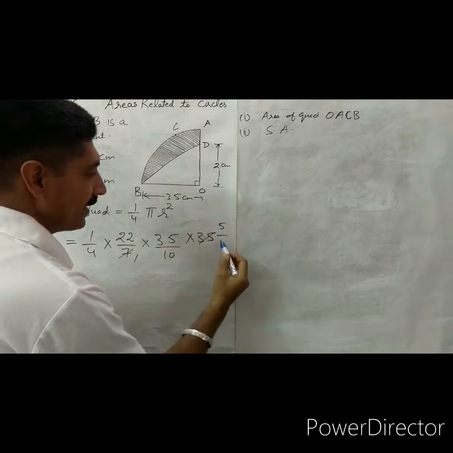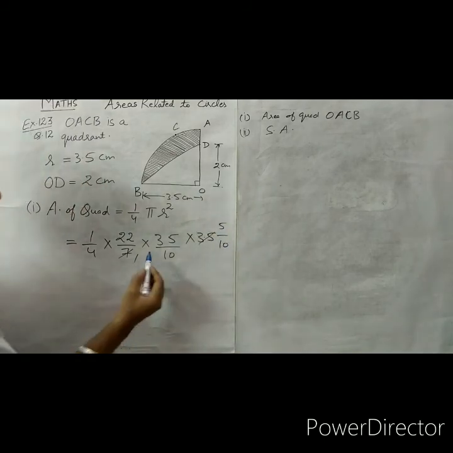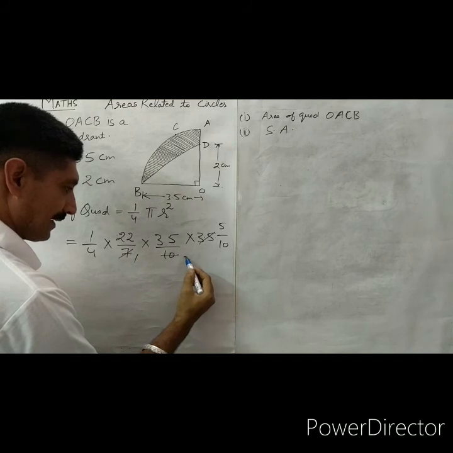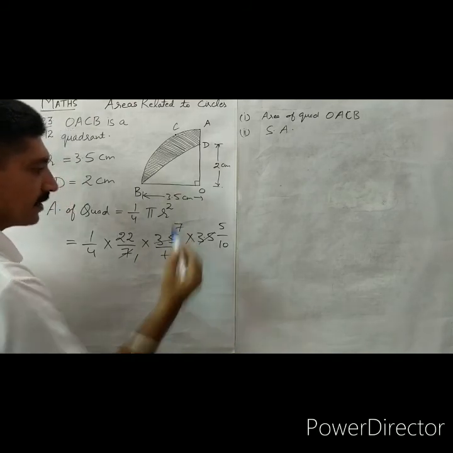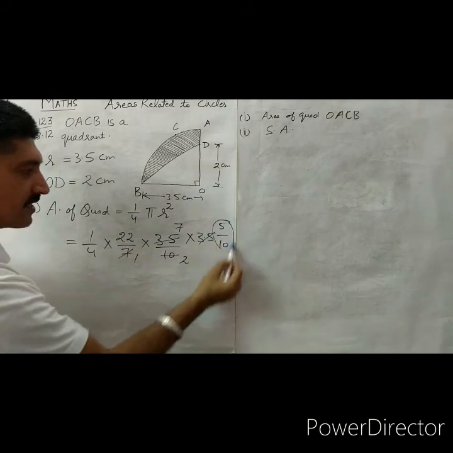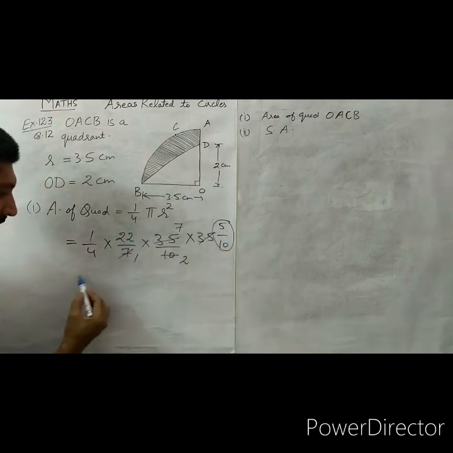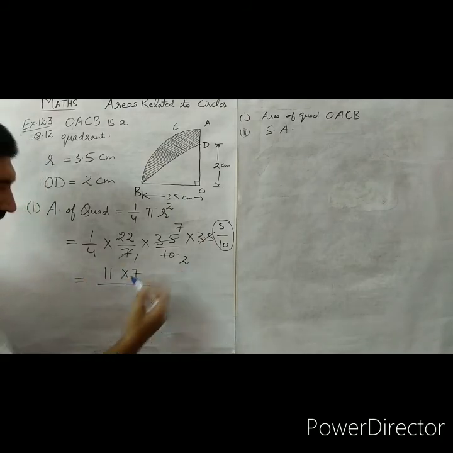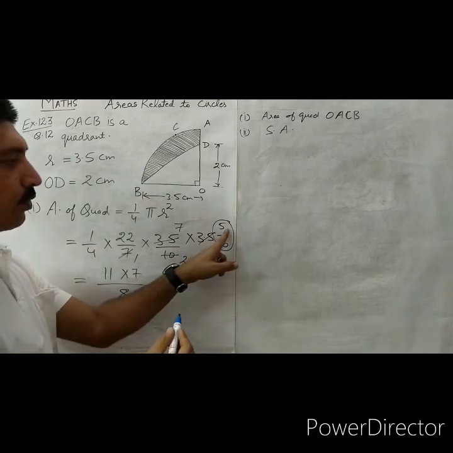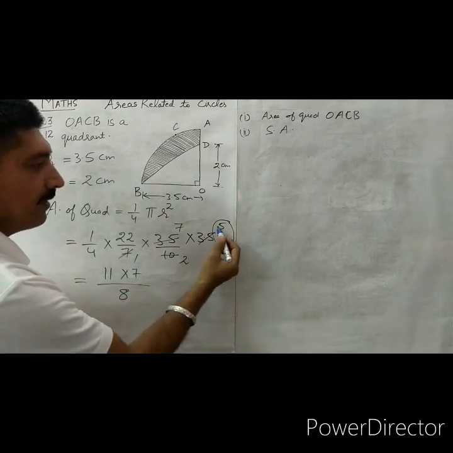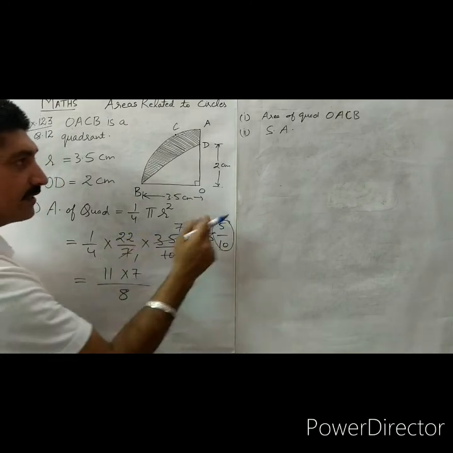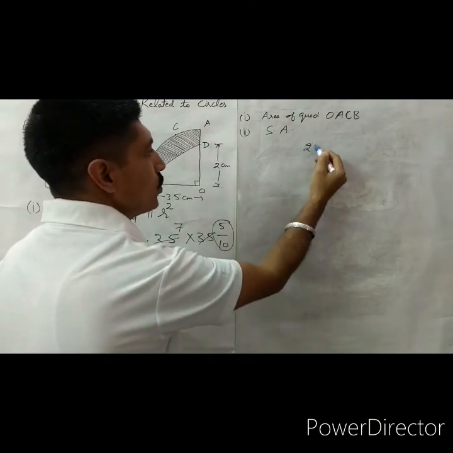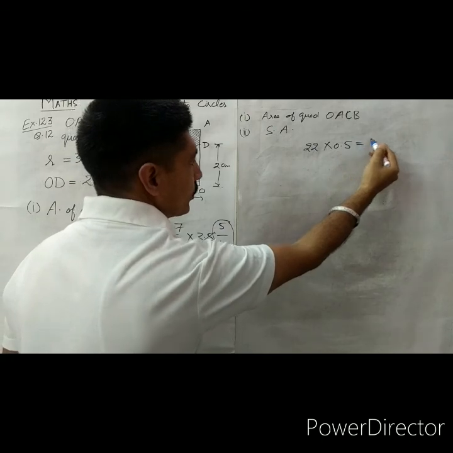So we have 5 twos are 10 and 5 sevens are 35 here, and even we can multiply this 0.5 with 22, it is 11 into 7 here, and 4 into 2 is 8. No need to go for this 5 upon 10. I am multiplying 11 with 11 now, it is 22 into 0.5, which is equal to 11 here.